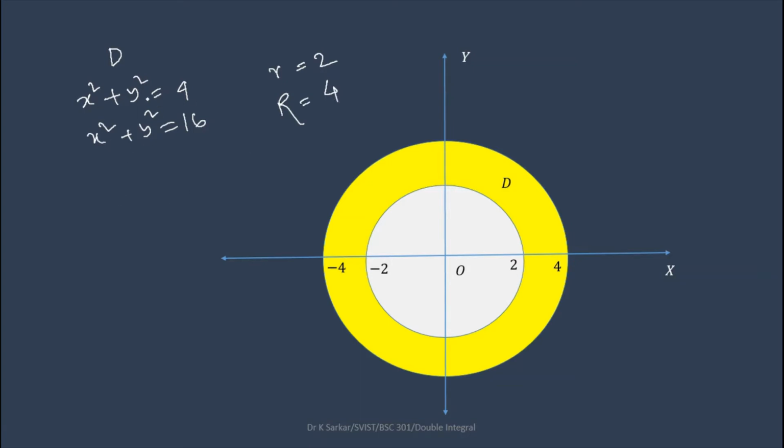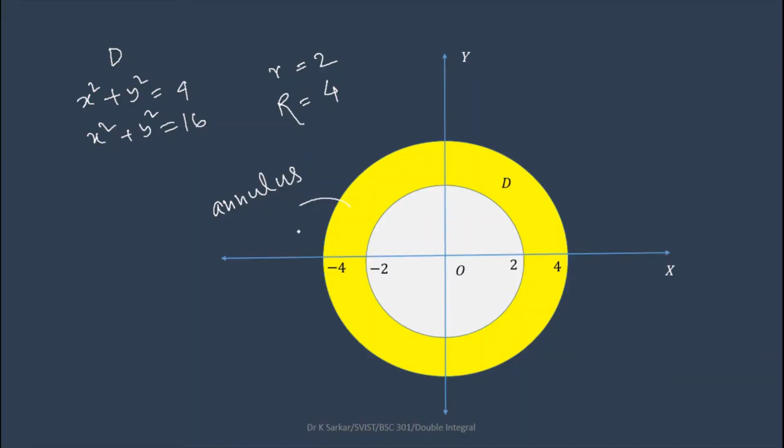These two circles are concentric circles and they make the annulus. This yellow part is called the annulus, the ring-shaped area. So we have to find this yellow part area, or the area of this annulus, or the area of this ring shape.